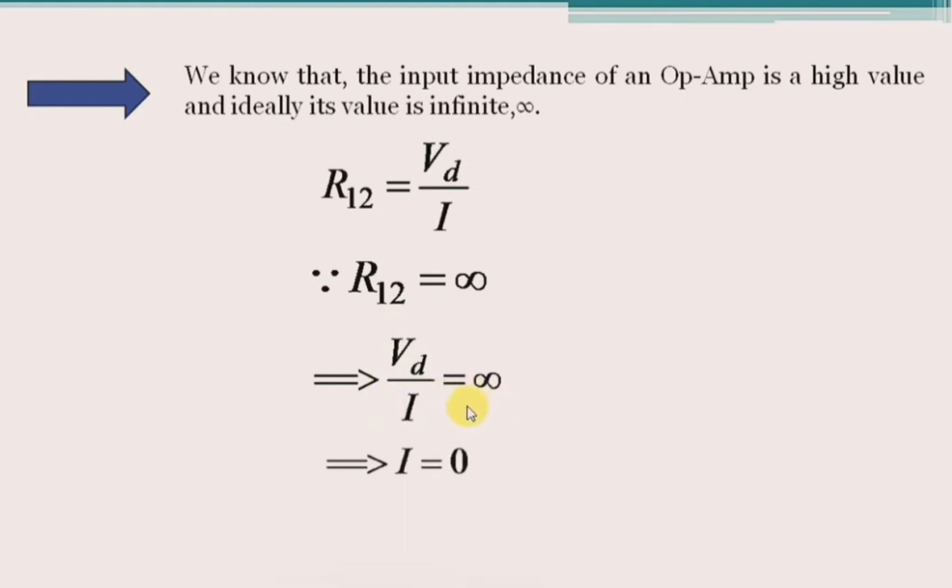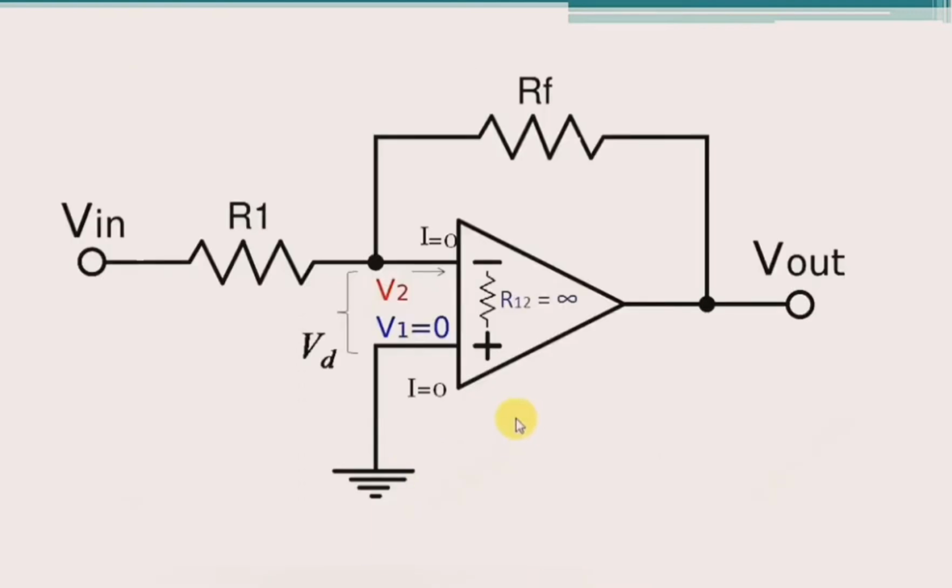From this we can say that the current entering the op amp terminals is 0. So from the concept that the input impedance of an op amp is infinite, ideally we can say that the current entering the op amp terminals is 0. This is the first point.